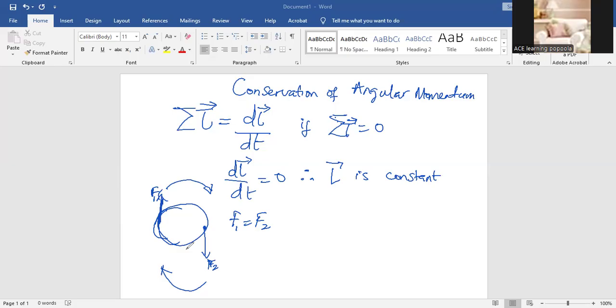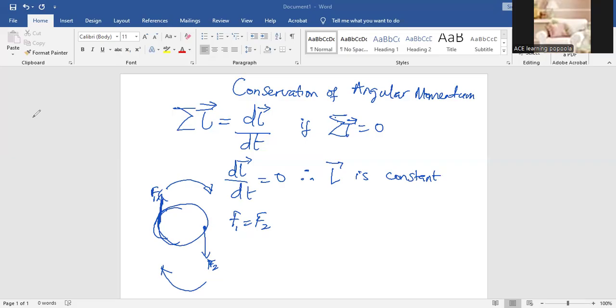The body will not rotate. So this is a situation where total angular momentum is conserved. I forgot to mention that in the last video, so I'm putting it here. This expression shows that when total torque is zero, then angular momentum is conserved.